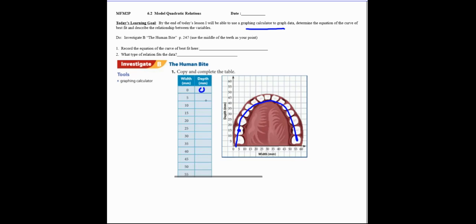Right there, we're at 15. At 10, where are we hitting closest to the middle of a tooth? Right there, 30. At 15, where are we going to hit the middle of a tooth? We don't really hit the middle of a tooth. Maybe this one. We're kind of missing. We'll say 40. At 25, 20.